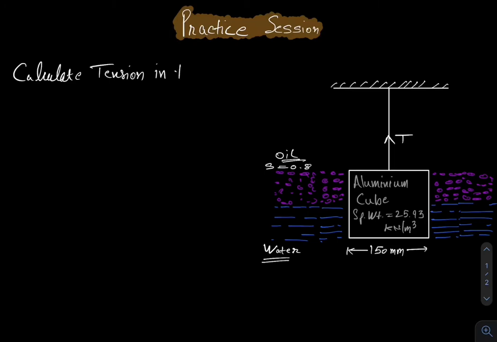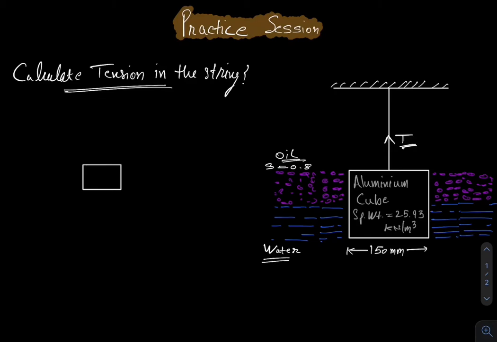To calculate the tension, first of all we need to resolve the forces. We need to know what forces are acting on this aluminium cube. For that we will draw the free body diagram. Let's say this is the aluminium cube.